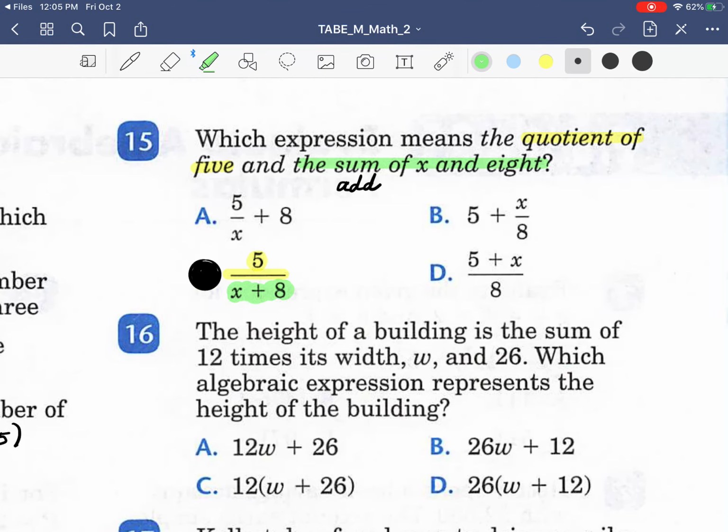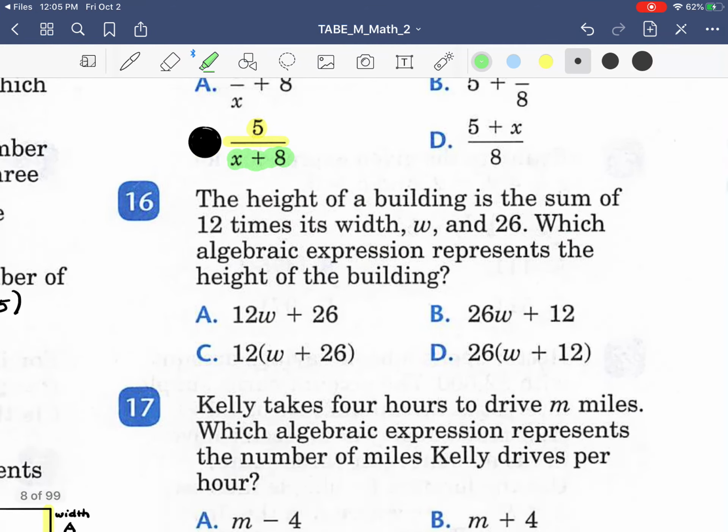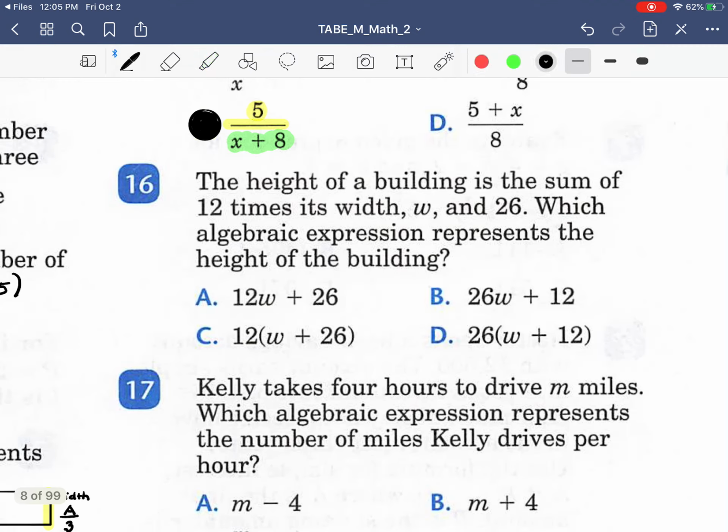Number 16. The height of a building is the sum of 12 times its width, W, and 26. Which algebraic expression represents the height of the building? So we want the sum, add 12 times its width, W, and 26.